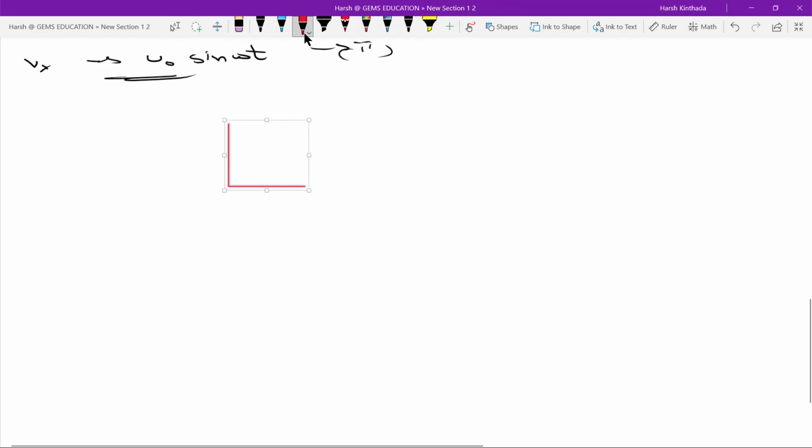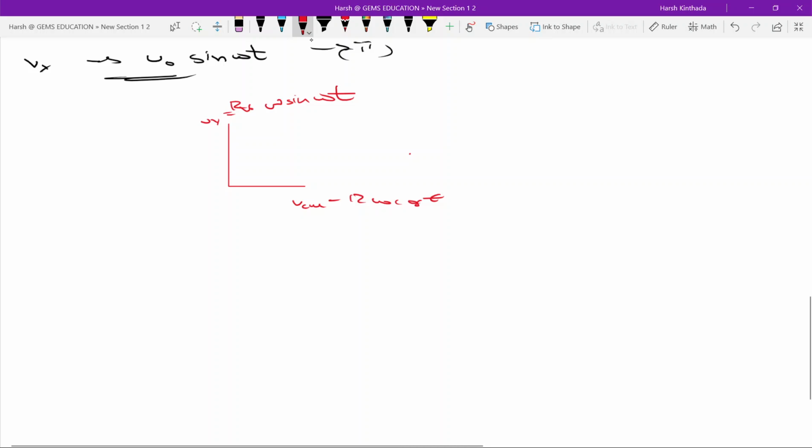Okay, so we have Vx equals Vcm minus r omega cos theta, and then Vy equals r omega sine omega t.